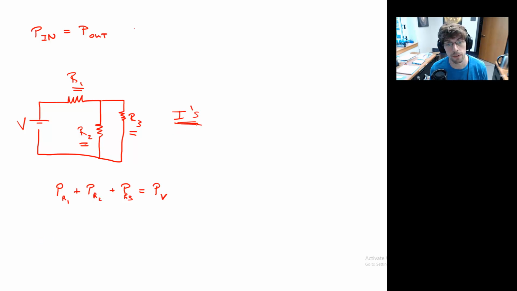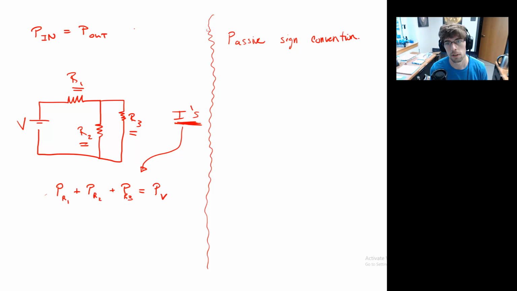You go through, you find all of your currents, then you go back and double check to make sure that the power is balanced. Associated with this idea is what is called the passive sign convention. Now, I will emphasize here, the passive sign convention comes into play.